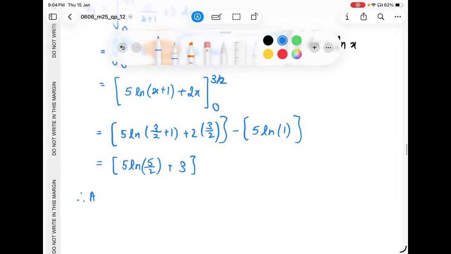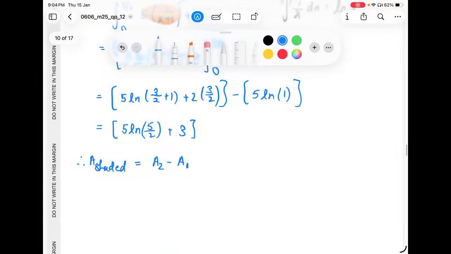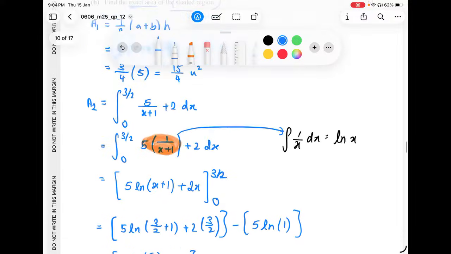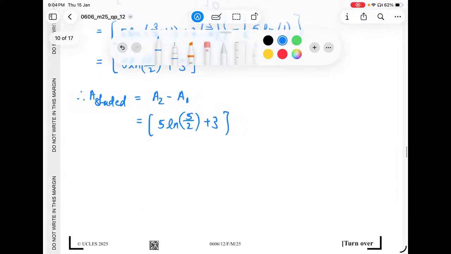Now therefore, you're going to find the area shaded. It should be A2 minus A1. As we said, the whole area under the curve minus the area of the trapezium will give you the area shaded. So this whole thing 5 ln 5 by 2 plus 3, and then what we got there, 15 by 4 minus 15 by 4.